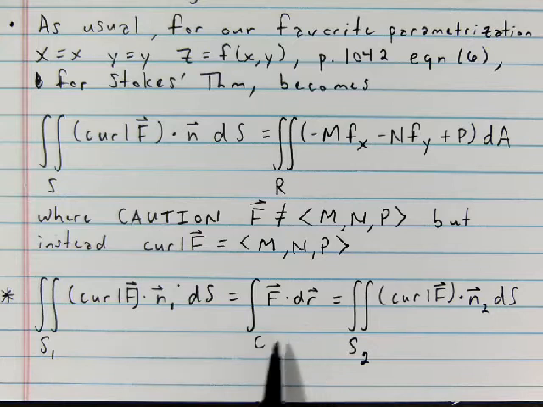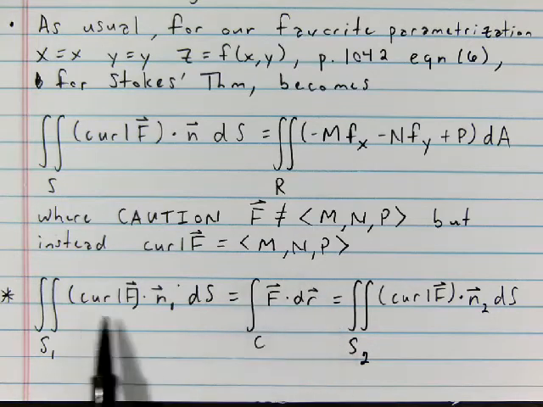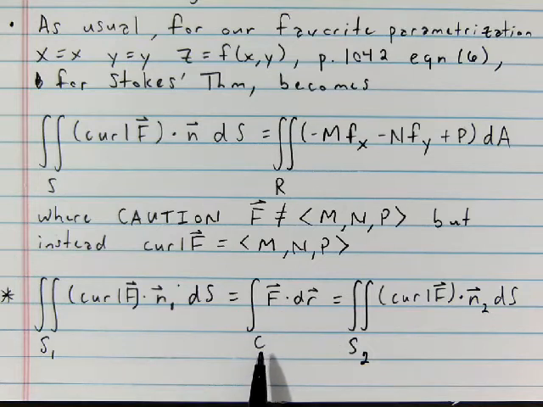So if we have some messy surface over here, well, Stokes theorem allows us to take that messy surface and change it to a line integral. But if this surface is difficult to evaluate that integral, then Stokes theorem says we can evaluate this line integral. And if we see that the boundary curve for this surface is also the boundary curve for whatever this surface is, which is much easier to work with, then instead of evaluating this, we can switch to this easier surface and evaluate that one.